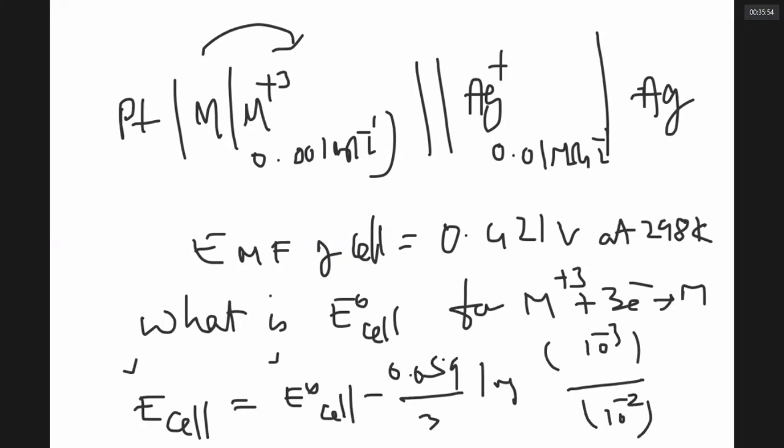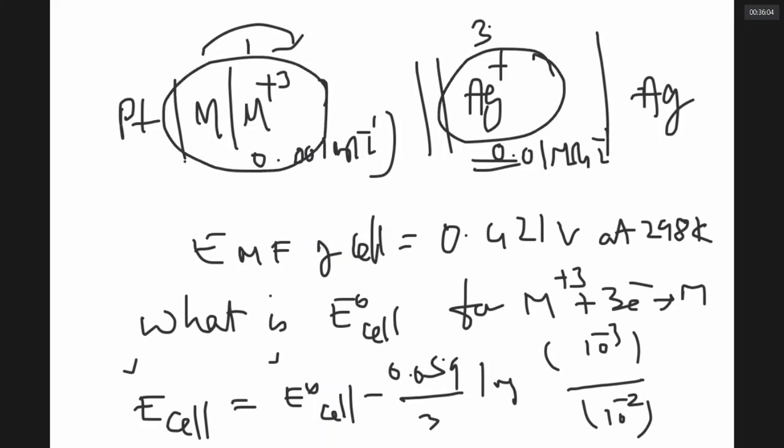But notice that to balance the equation, you require 3 Ag plus combining to give 1 M. So in the balanced equation, the coefficient of Ag is 3 and the coefficient of M is 1. So here you have to put the power 3. Do you know this is the equation? Yes, sir, can you repeat again?